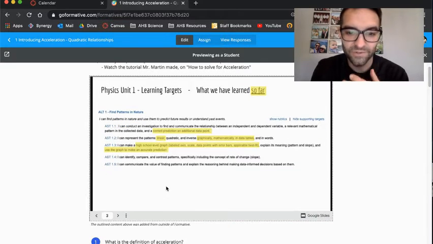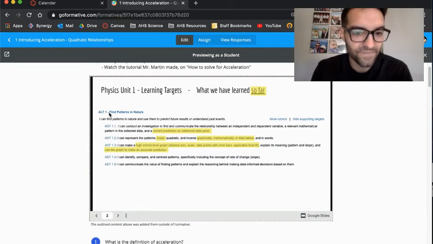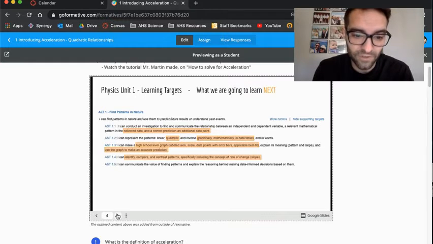One of the reasons why we're going through this is, again, we're here in our learning target. You want to be looking and being able to make a prediction graphically, mathematically, in data tables as well. And we just did that for linear, and you'll see that the next one is quadratic.